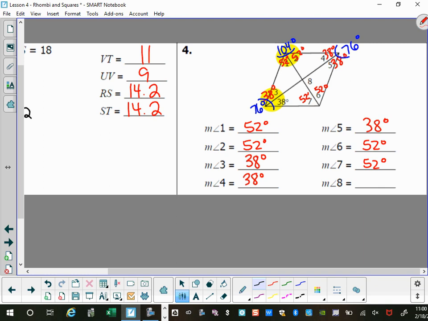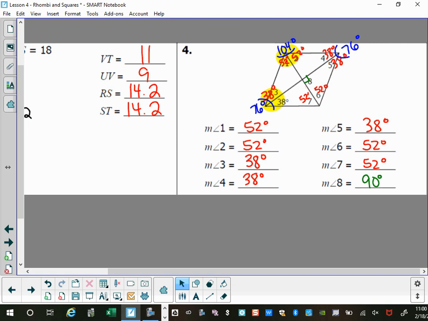This measure here in the middle. How'd you get 90? Right, because my diagonals are perpendicular, so that means that angle 8 is 90. You could also do it the long way and do 180 minus 52 minus 52. You would have what angle 8 would equal.